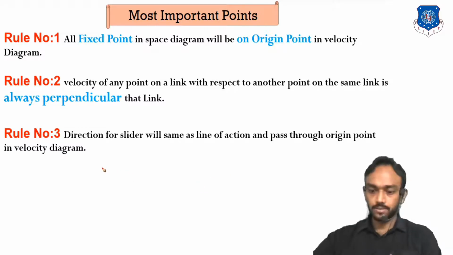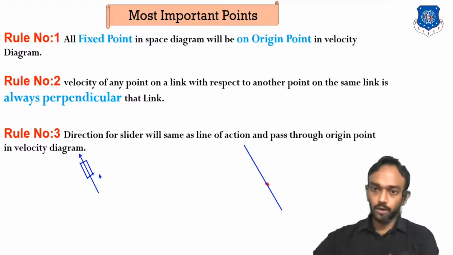If the slider is sliding at some angle, and it is sliding in this direction, so what you have to do in the velocity diagram, you have to draw the line passing through the origin in the direction of the line of action of the piston. Now you can understand what is rule number 3. Direction of slider will be the same as the line of action. Its direction will be along this line, but it will pass through the origin point.